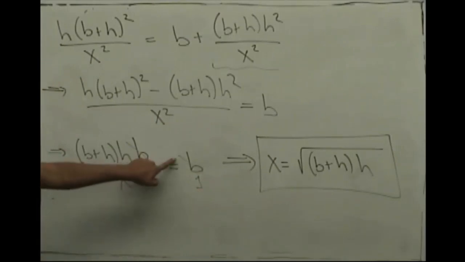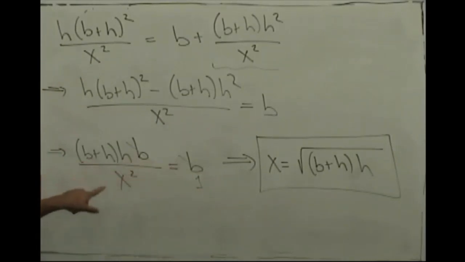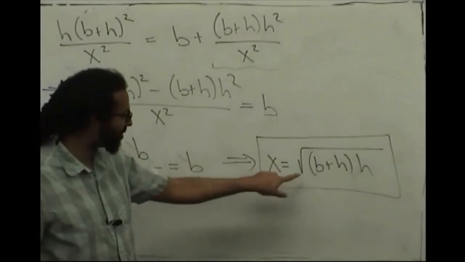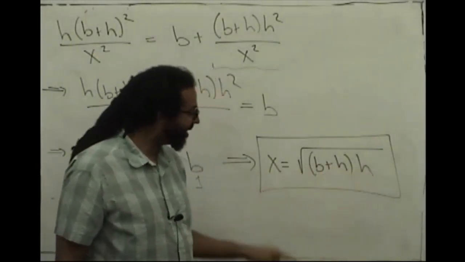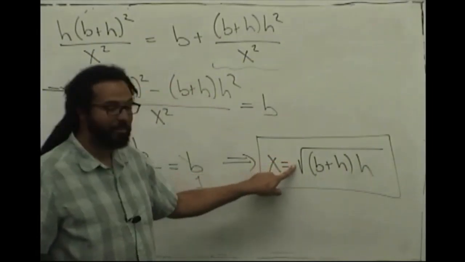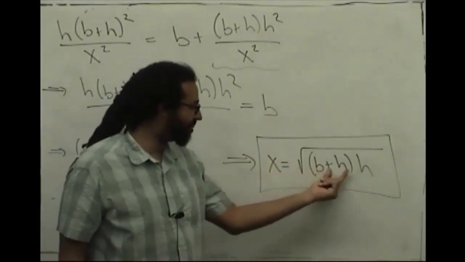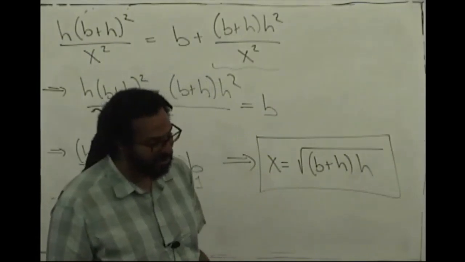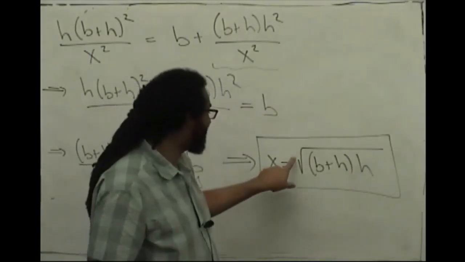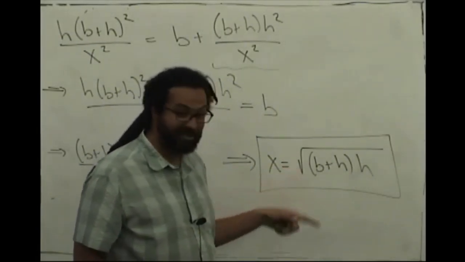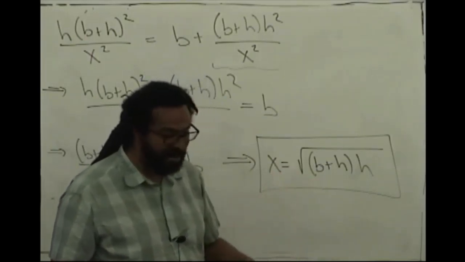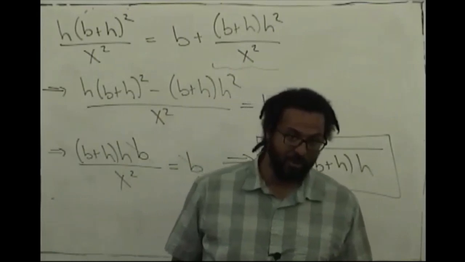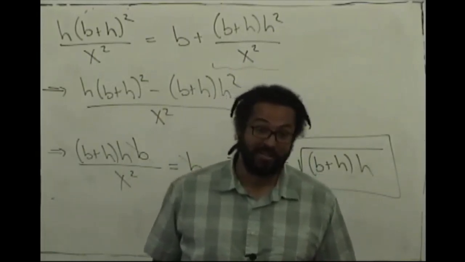Multiply both sides by x squared and then take the square root and you get x is equal to the square root of b plus h times h. Really plus or minus, but we don't want the negative one, right? We know that b and h are both positive terms. Anyway, we know we want the positive distance for x. So this would be a good final answer for how far we should be away from the billboard in order to maximize the angle.